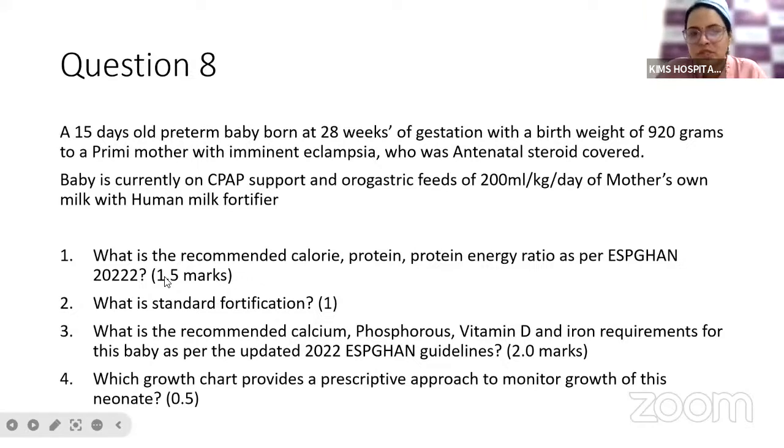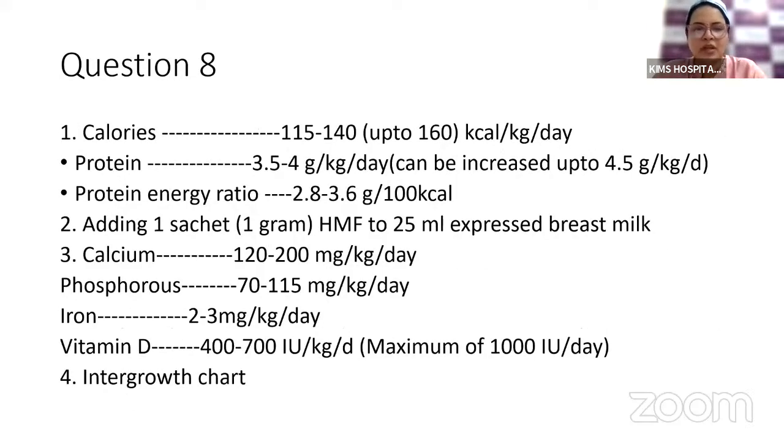This is 2022, which is the most recent guideline. The question also asks us about the protein energy ratio. Then we talk about different strategies of fortification, like standard as opposed to individualized fortification. Recommended calcium, phosphorus, vitamin D levels and iron intakes, and the growth charts, which provide a prescriptive approach to monitor the growth in the baby.